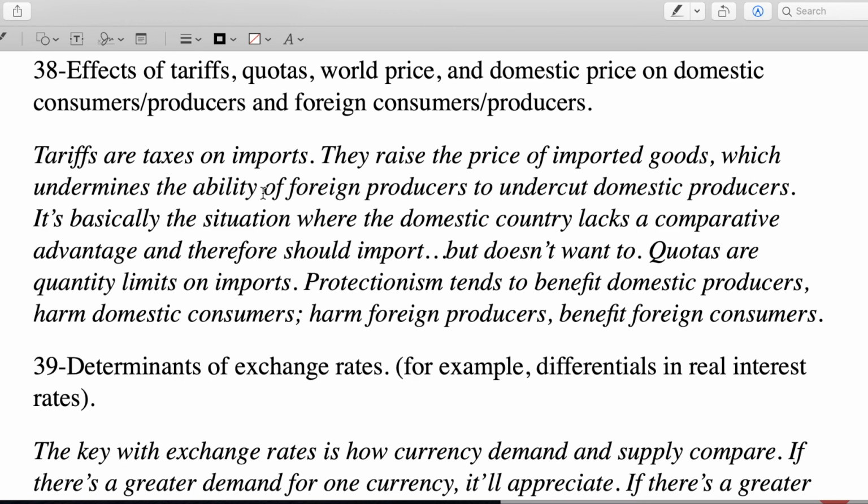And then the big thing you want to think about is, are the gains or losses concentrated or dispersed? So with exports, the gains are very concentrated amongst the exporters and the producers. The losses are very dispersed in the domestic country, where the consumers each lose a little bit.